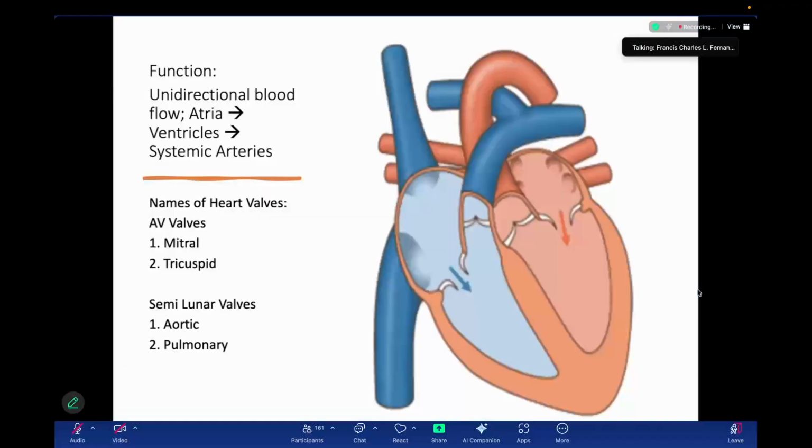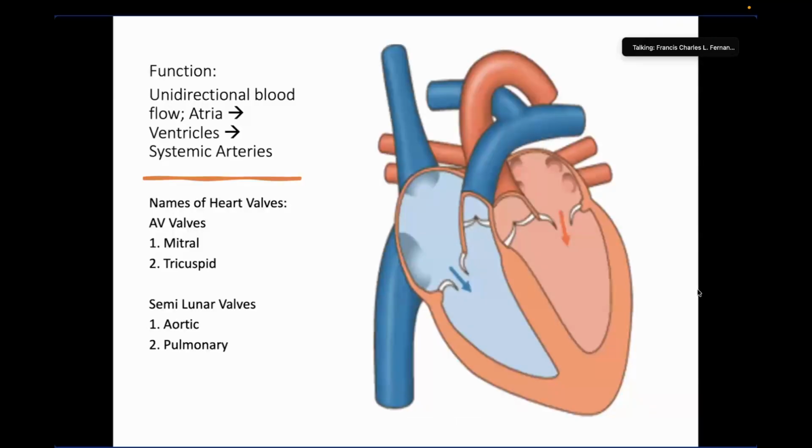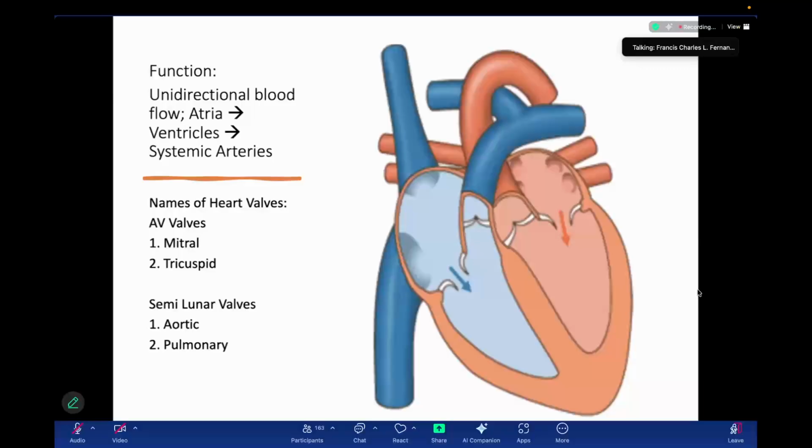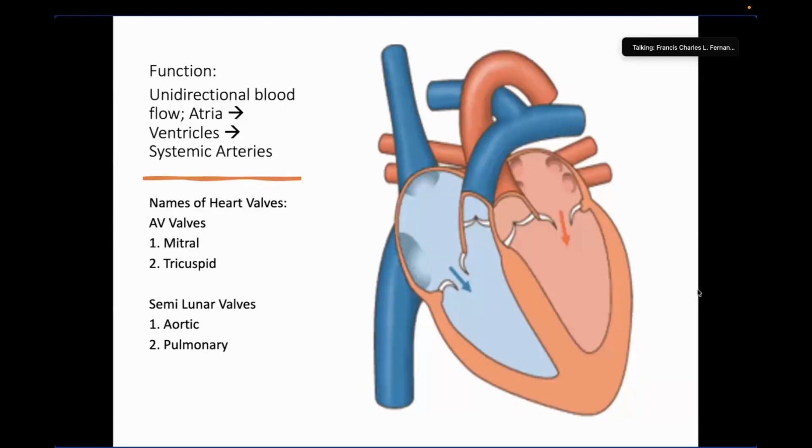The basic understanding for valves, even in mechanics and hydraulics, is to be able to make blood flow, or fluid flow, in a unidirectional manner.